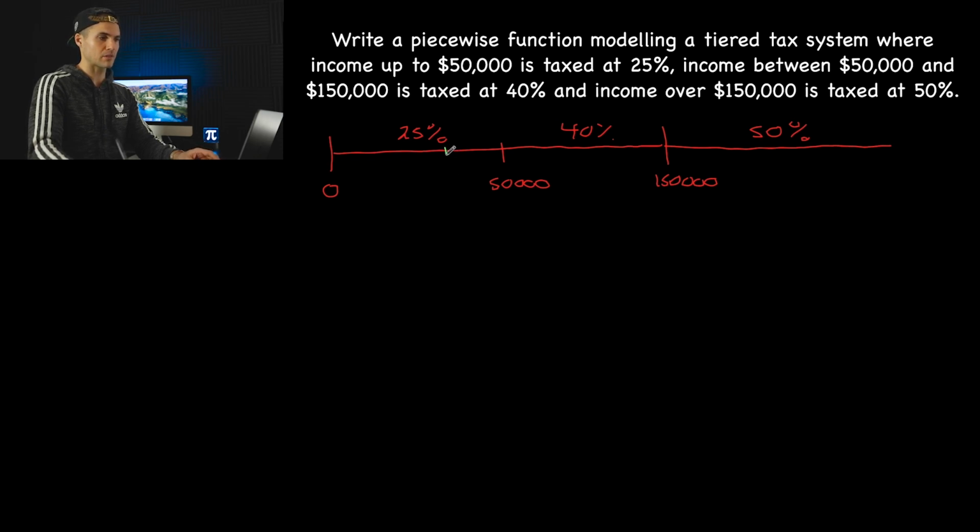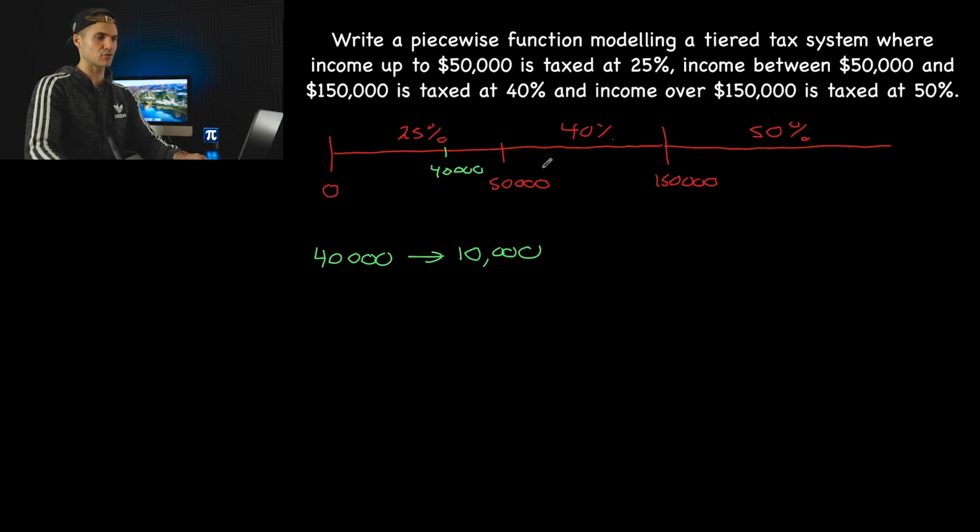So for example, let's say that you're making $40,000 a year. Well, the tax that you're going to pay on $40,000 a year is basically going to be 25% of $40,000. So 0.25 times 40,000, the tax you would pay is 10,000, like that. So that's one case over here.